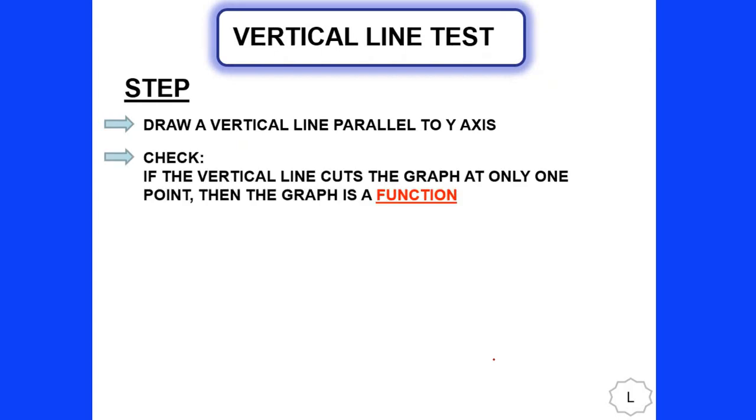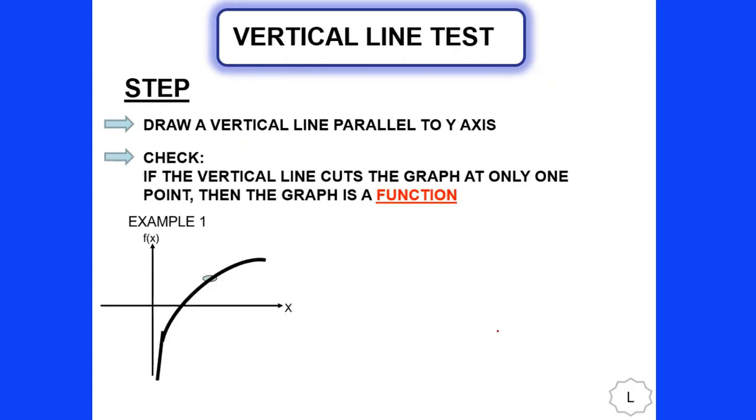So, the vertical line test to show this is a function. Draw a vertical line parallel to the y-axis, like this. Check if the vertical line cuts the graph at only one point, then the graph is a function.